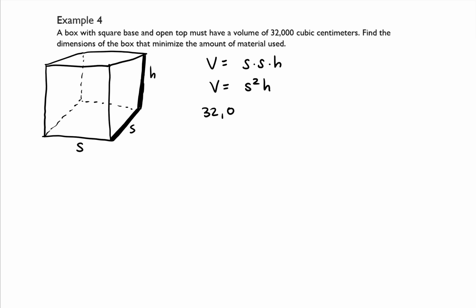So if I replace V with 32,000, then we have S squared H is equal to 32,000.